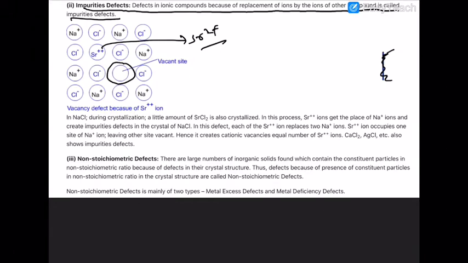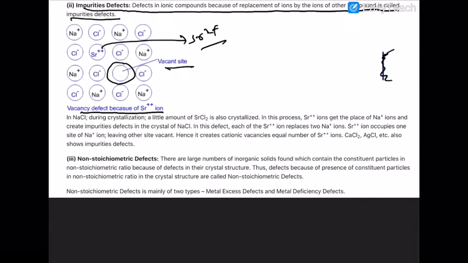No sodium is required because these chloride ions will be satisfied by strontium, so a vacant site will be there. So if you add Sr2+, it will create a vacancy of 1. So one cationic vacancy has been created, a vacancy defect created by the Sr2+ ion.